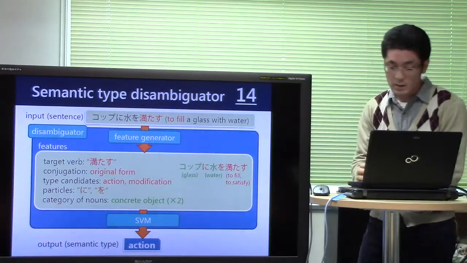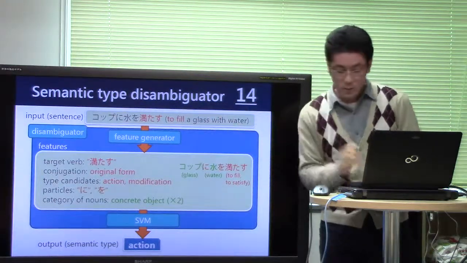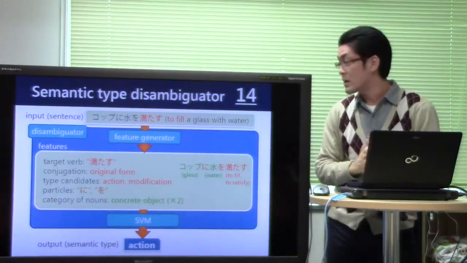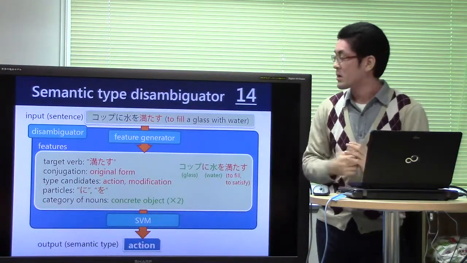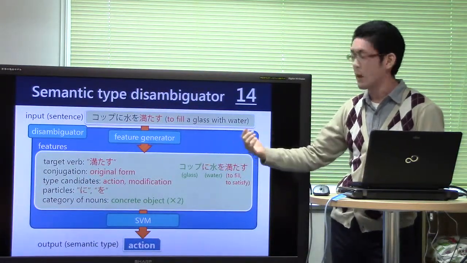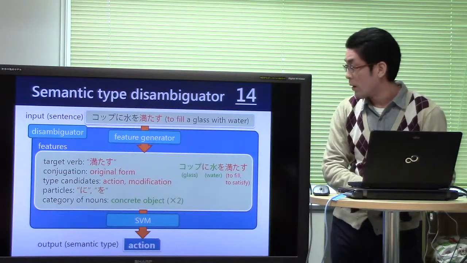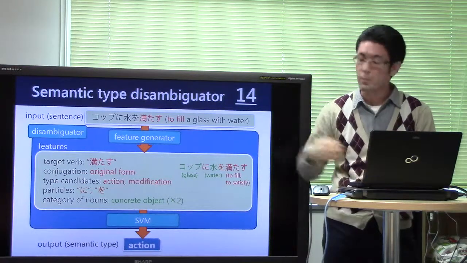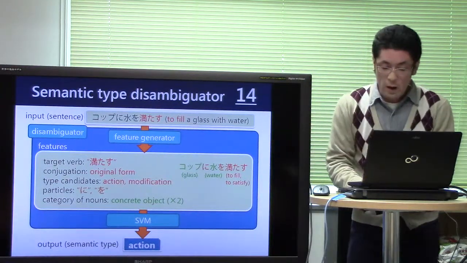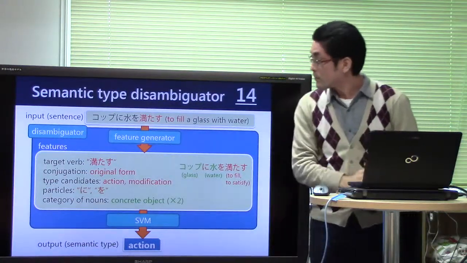Then I will describe the procedure with a concrete example. The input sentence is a Japanese sentence, which means to fill a glass with water. First, word segmentation and part-of-speech tagging is conducted on the input sentence, and a feature vector is generated from the result.